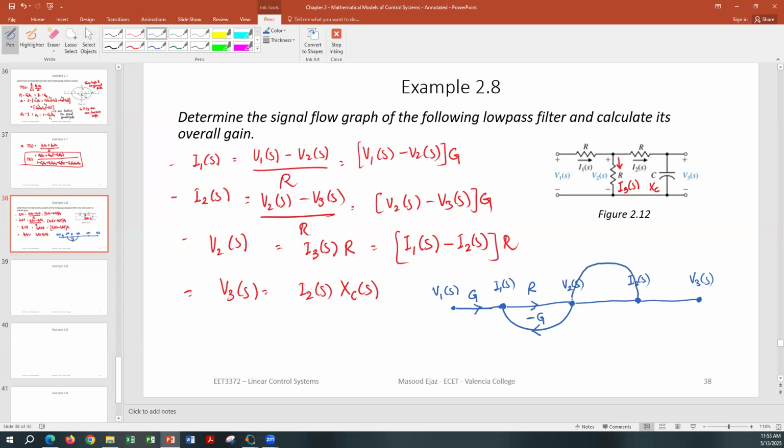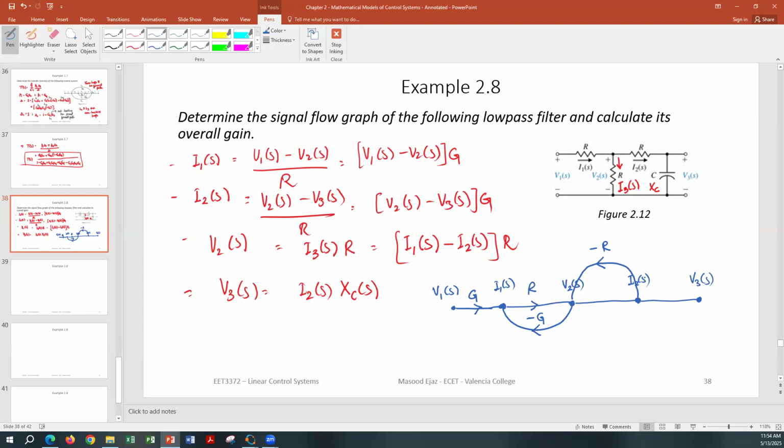I'm going to move it from here to here, and the gain of this is going to be negative R. So V2 is I1 times R and I2 times negative R, which represents I1 times R minus I2 times R.